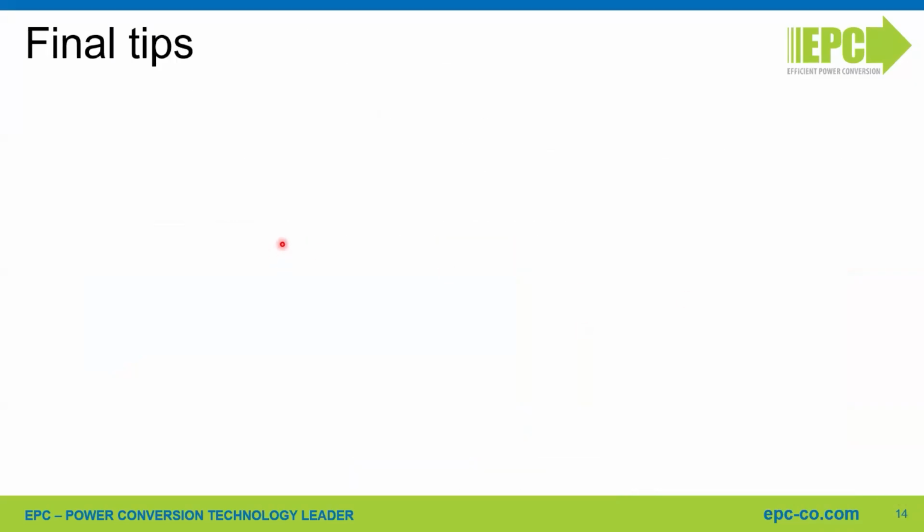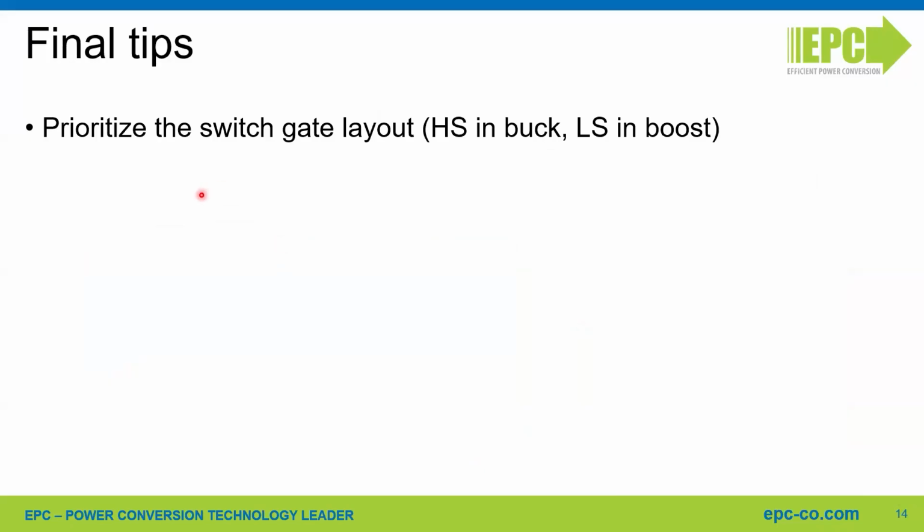As final tips, priorities on the layout for the switch in the circuit. So if it is a buck, the switch is the high side, so that is critical. If it is a boost, the switch is in the low side. So the priority needs to be given to the switch FET.